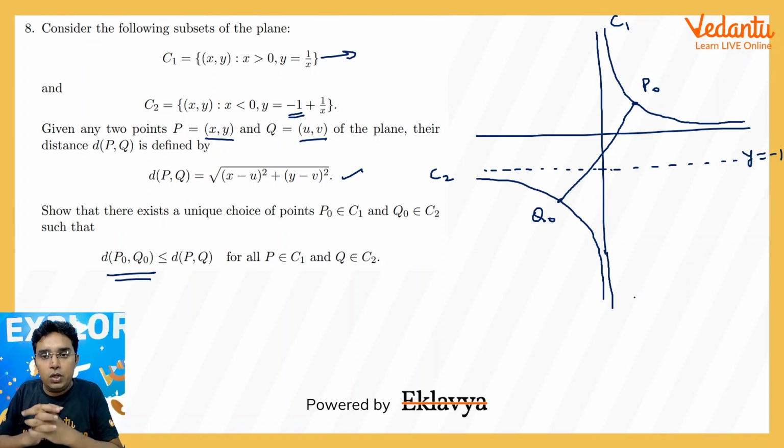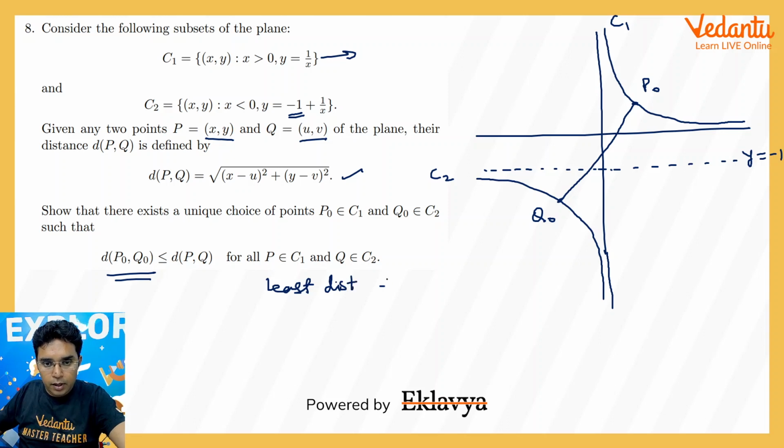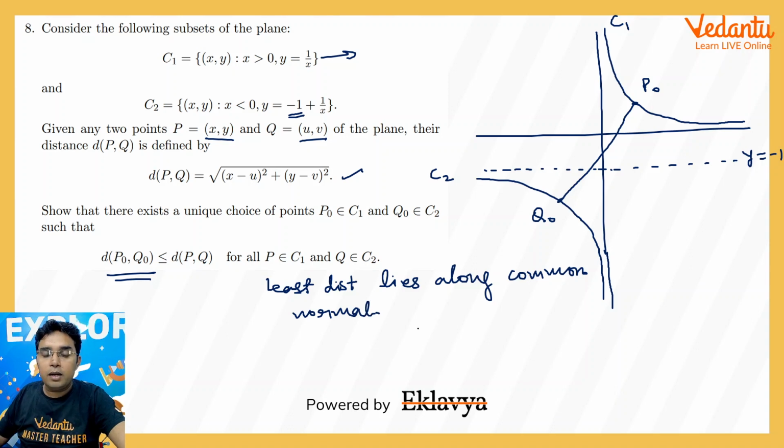I think we can use the simple concept that least distance lies along common normal. In fact, among common normals we may get maximum distance also. In fact, these least or maximum distances which I am talking about, they are always local minimum or local maximum.